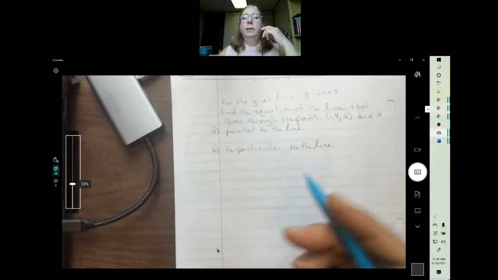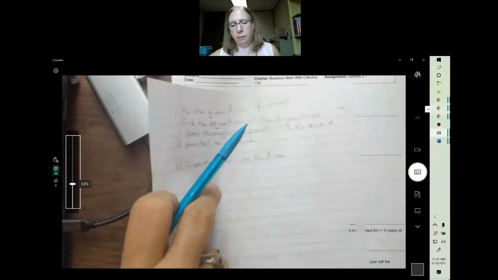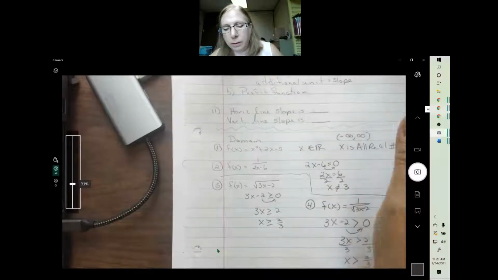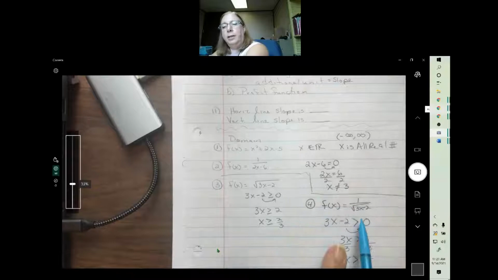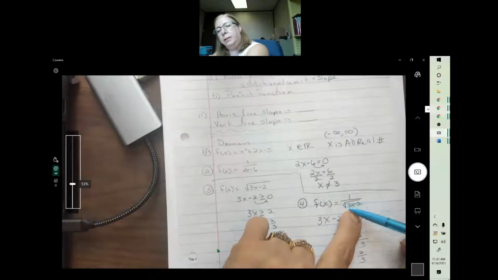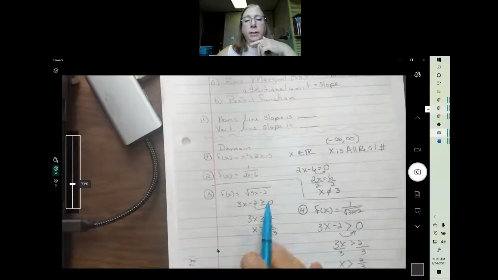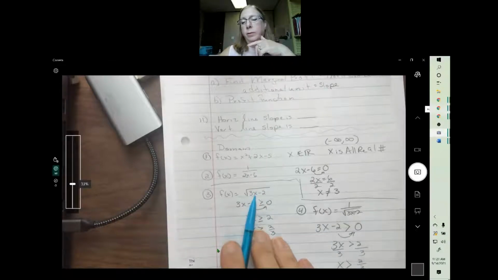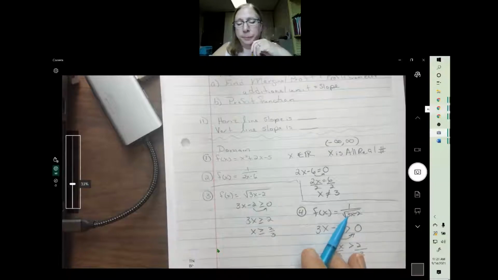Now we can go back to 13.1, but any questions on domain? Why can't there be 0? On this one, there can't be a 0 because you're not allowed to divide by 0. And since it's in the denominator, this can't equal 0. So here it was okay because it wasn't in the denominator, but as soon as you move it to the denominator, you can't divide by 0.